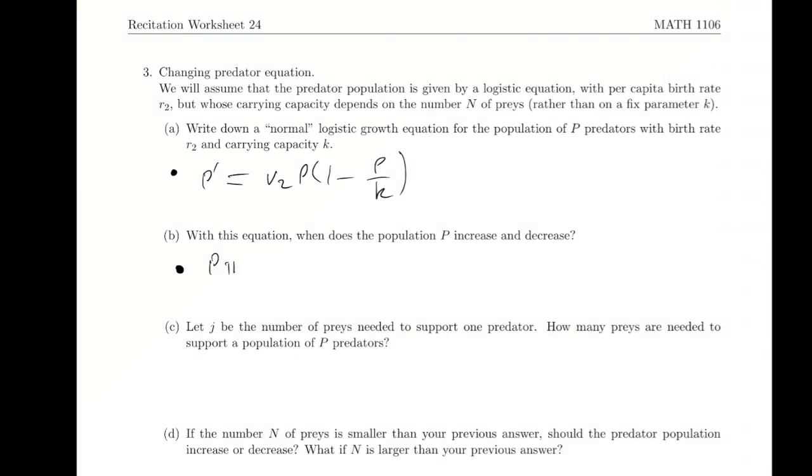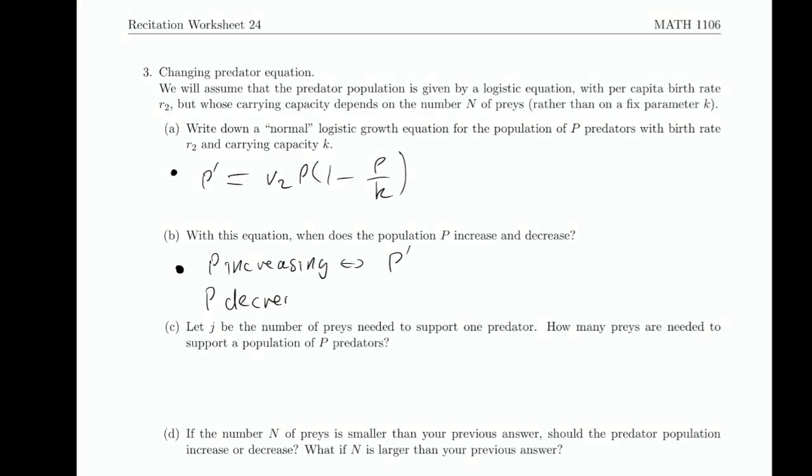And so P is going to be increasing when P prime is, just think now, if you're watching this video, if P prime is going to be less than or greater than 0. Which one do we want? So P is going to be increasing when P prime is greater than 0, and P will be decreasing when P prime is less than 0.